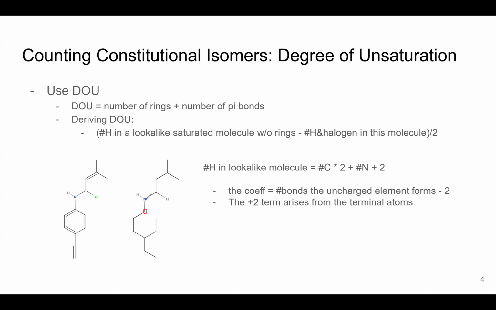It's connected to one nitrogen and another carbon, and these two contribute to the chain. Then it will be connected to 2 hydrogens. So that's why we multiply the carbon by 2, because each carbon will be connected to 2 hydrogens if they are not at the terminals of the chain. For example, these are considered the terminals of the chain, and these are special cases we'll talk about later. So each of these carbons in a chain will be connected to 2 hydrogen atoms.